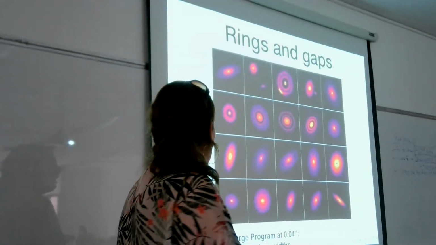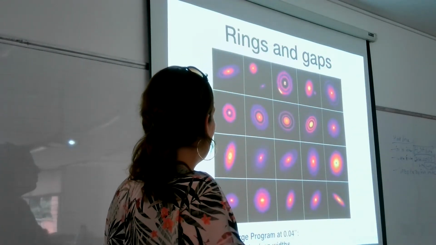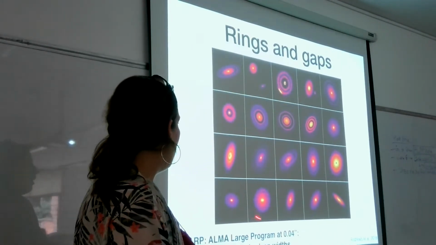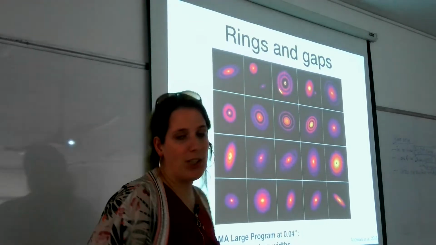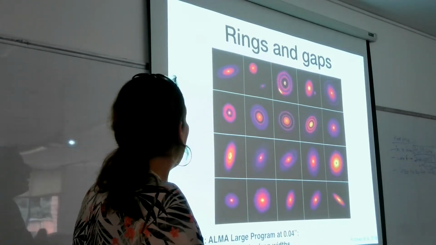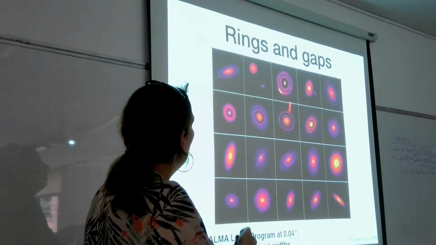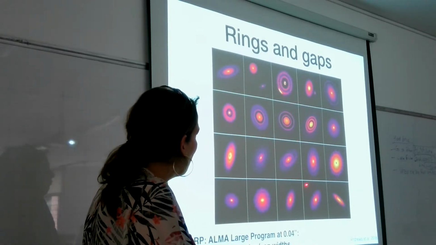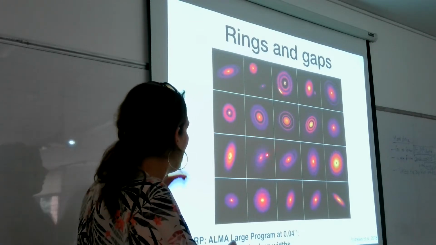Okay, so these are just some examples. Then there's the beautiful gallery of the DSHARP survey that I was already showing before. They observed 20 disks at 0.04 arcseconds. They found, again, a large diversity in substructures, although most of the substructures really are gaps and rings. Then some show a hint of spiral arms.